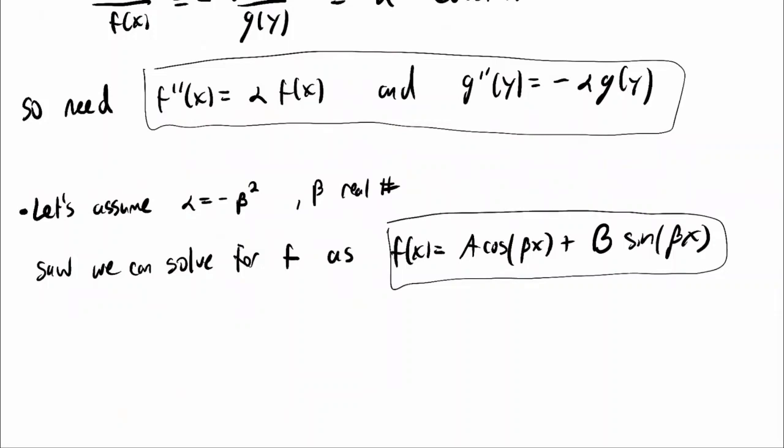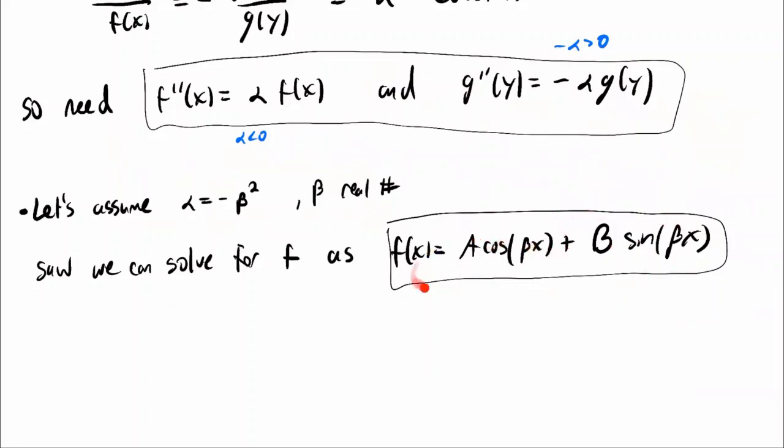Unfortunately, once we pick alpha to be negative, we know how to solve for f. Over here, though, if alpha is negative, then negative alpha is positive. So over here, we need minus alpha to be positive. And so therefore, we're not going to be able to solve this ordinary differential equation using sines and cosines in this way.